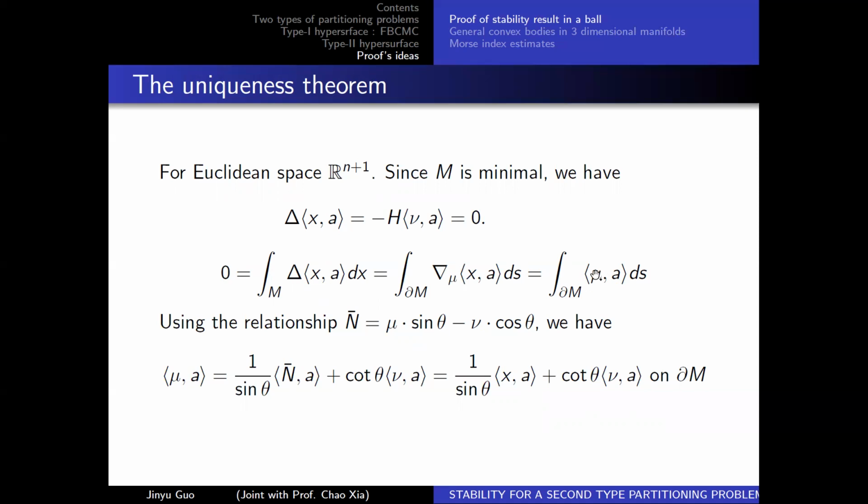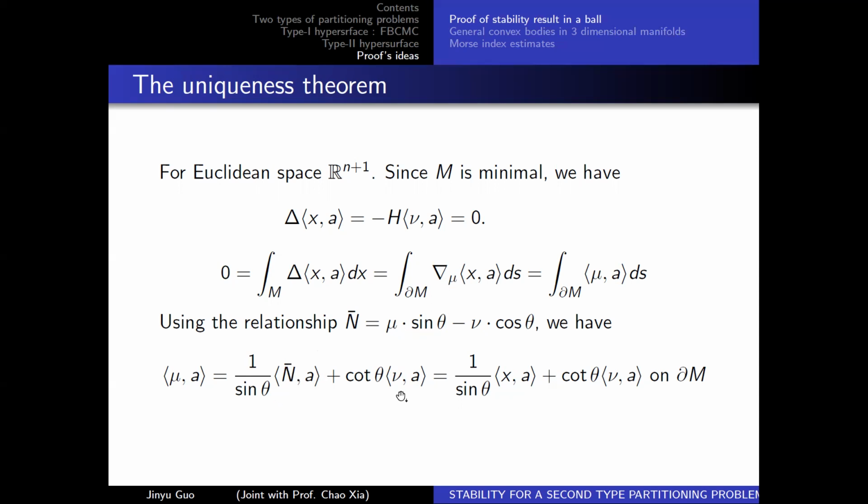Now we replace the conormal of boundary M in M by the relationship A bar equals mu sin theta minus mu cosine theta. We have the product of mu and A equals this equation from boundary M lying on the unit sphere.